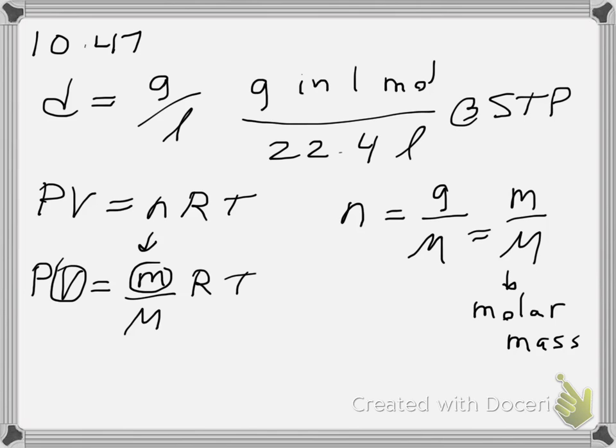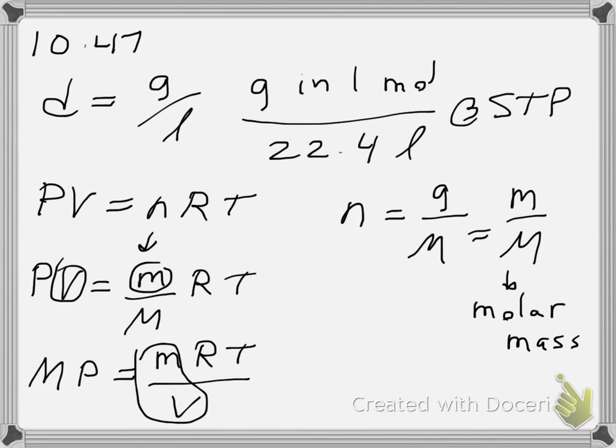So to do that, I can multiply both sides by the molar mass, and then divide both sides by the volume. And you'll notice right here you've got mass over volume, which is density.